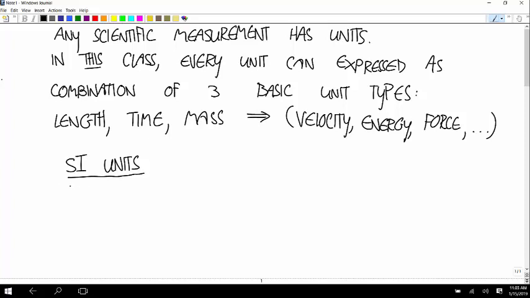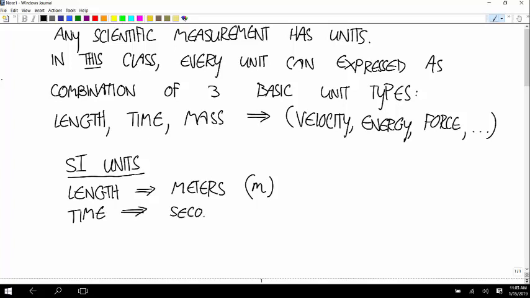So in SI units, the length measurement is meters. That's abbreviated lowercase m. The time measurement is seconds. That's a lowercase s.